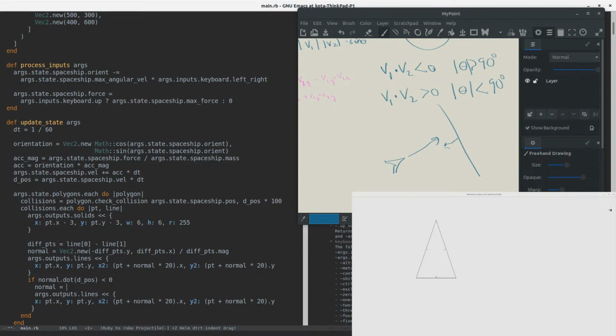That is less than 0, then we are presumably facing the correct direction.